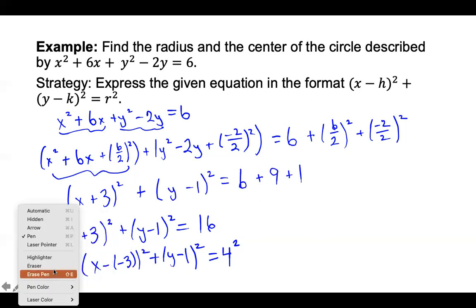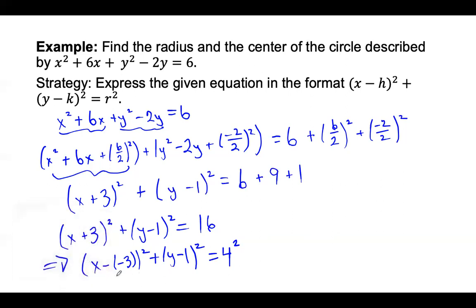So we can see that our h here is -3. Our, let's call it, our k here is 1 and our r is 4.